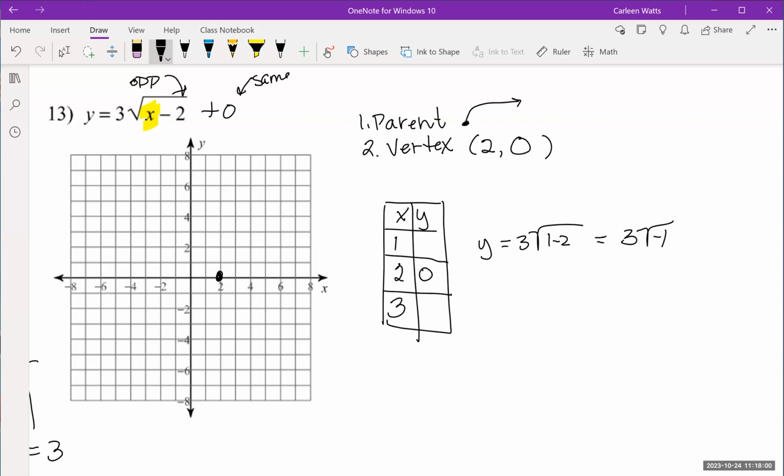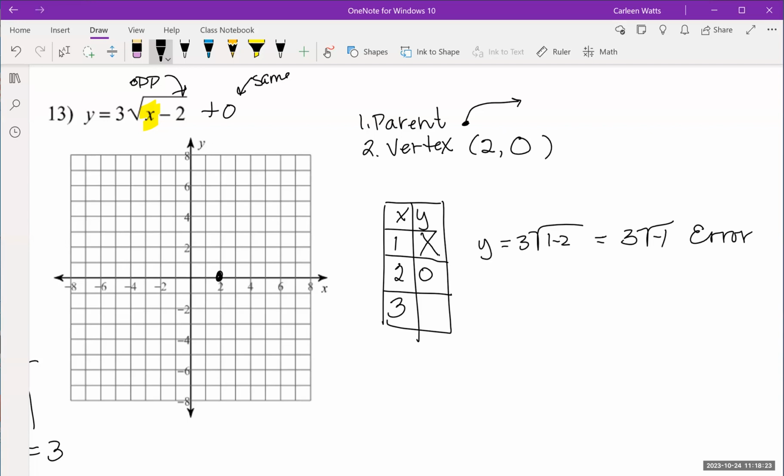And what's the square root of -1? Error. It is an imaginary number. So there is no point to the left of the vertex.